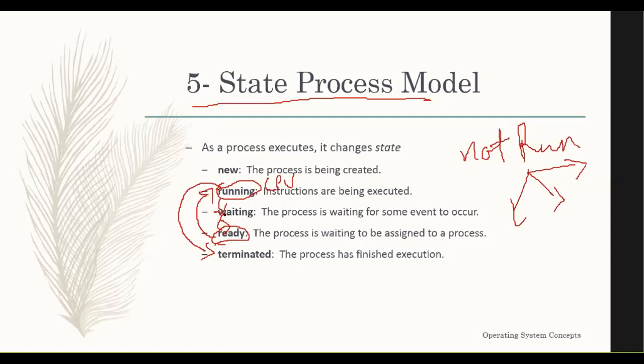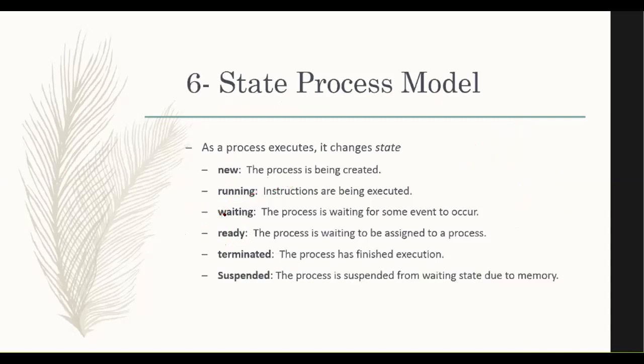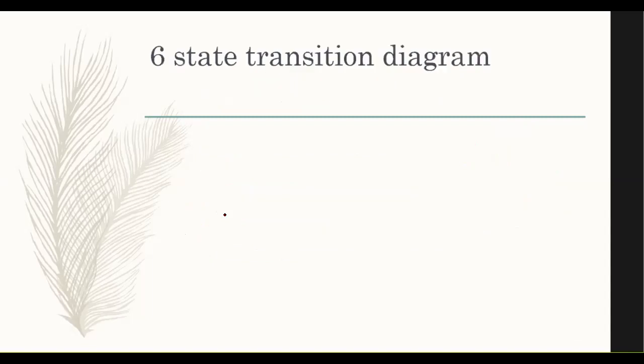Now this was the discussion which we had done so far. There was one question, why we are having these arrows, and we had left that with one simple question: can we move into a different one? So before I move into the sixth state, I'm going to complete the diagram. I am moving into the new state.